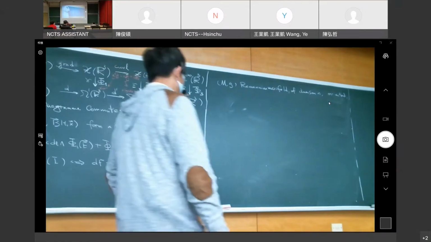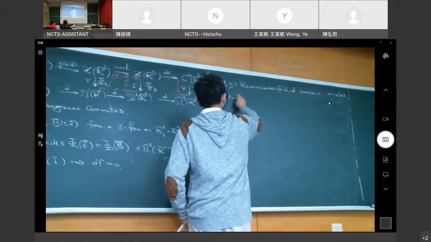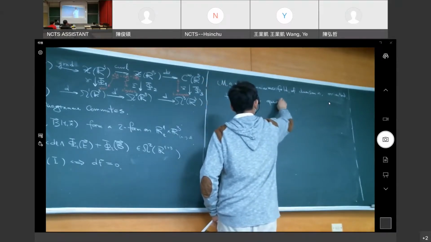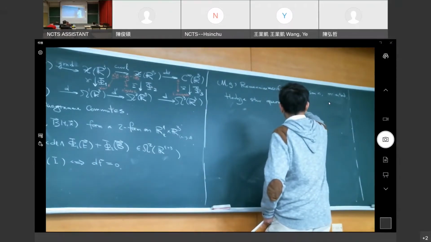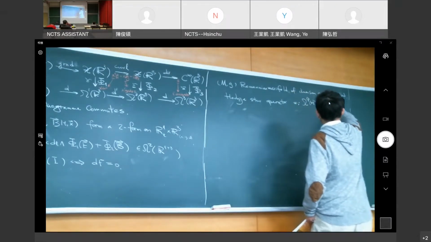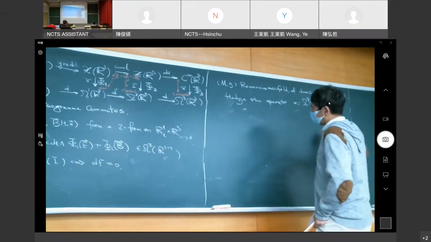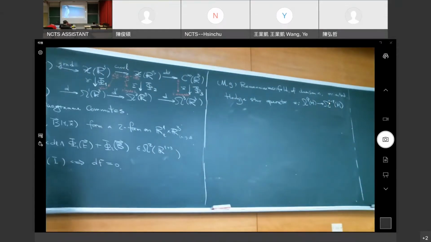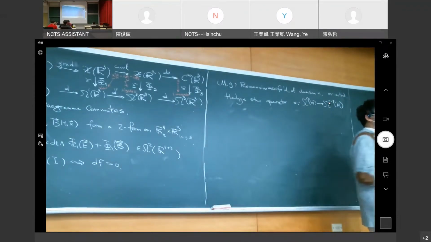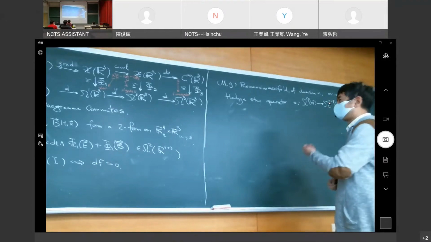Now, in this case, we can define what is called the Hodge-Star operator. Most of you have probably already seen it. This is a map from the space of p-forms to the space of n minus p forms. It is defined pointwise, in the most standard way in linear algebra.